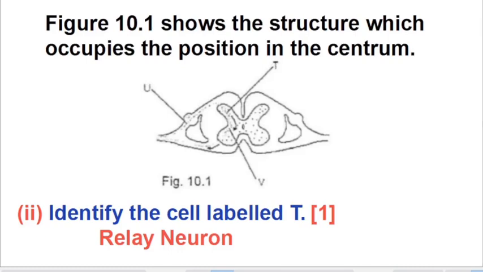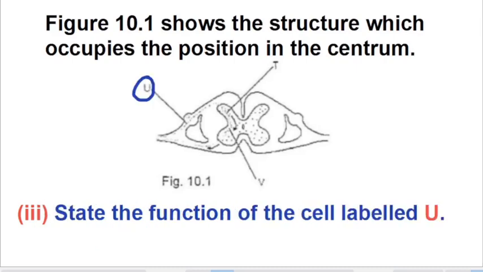We now move on to our question 3. State the function of the cell labeled U. You can see right here, we have the cell that is labeled U. This cell is called the sensory fiber. And what is the function of the sensory fiber?